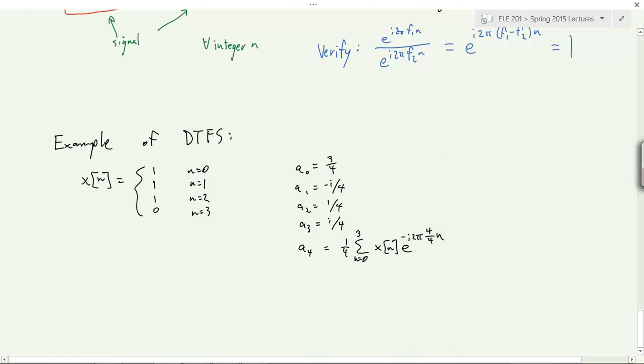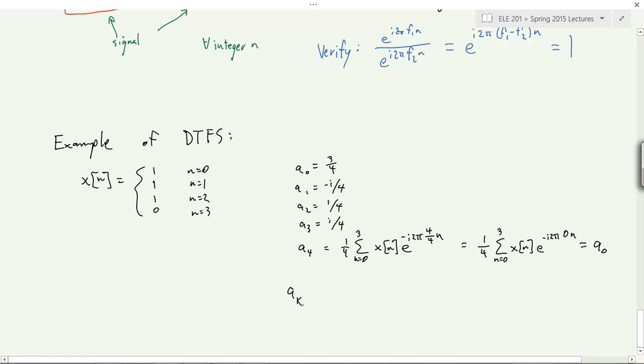But we notice that by aliasing, we can change the frequency of that exponential to 0, which equals A0.